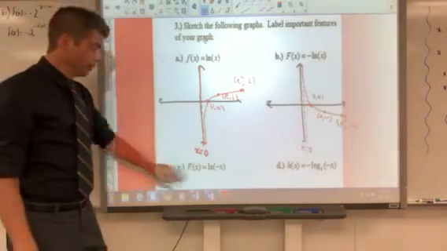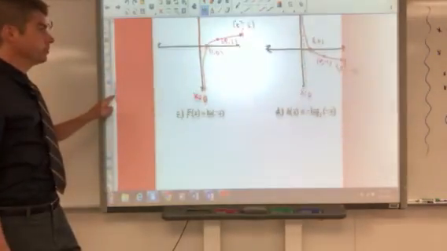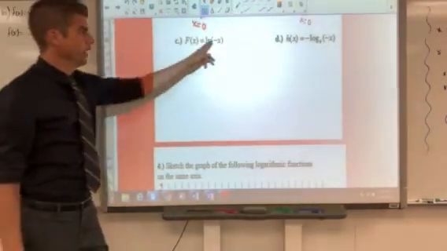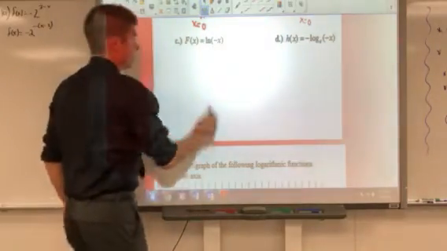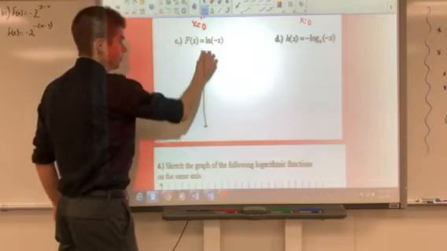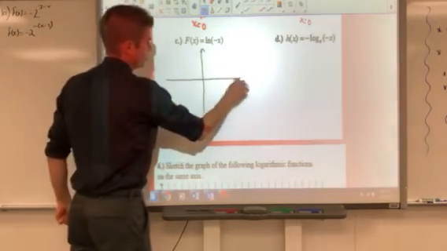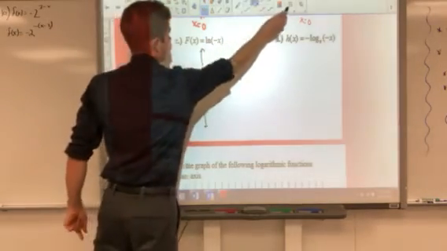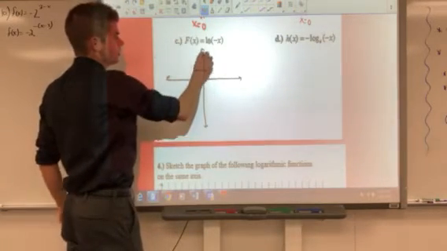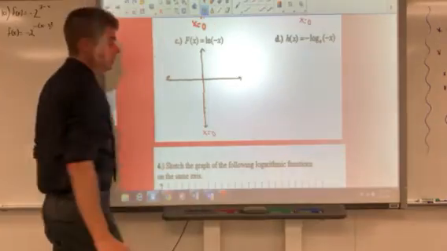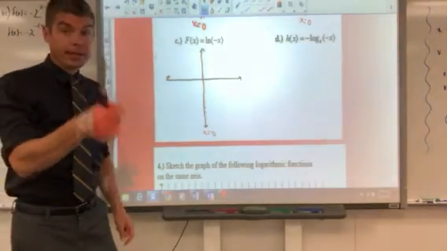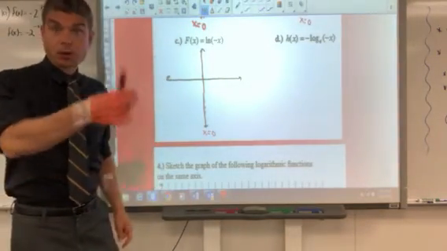Okay. Again, part C, we've seen this transformation before. If I want to do the x's as negative, just reflection over the y-axis. Doesn't affect the vertical asymptote. Still x equals 0, and I'm going to look for that on Tuesday's quiz. So make sure you're labeling that as x equals 0 because it's a vertical asymptote.